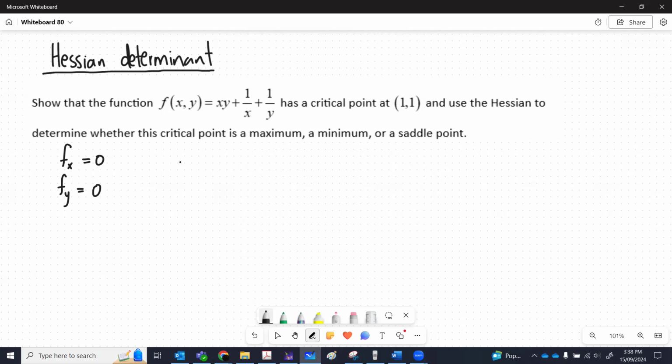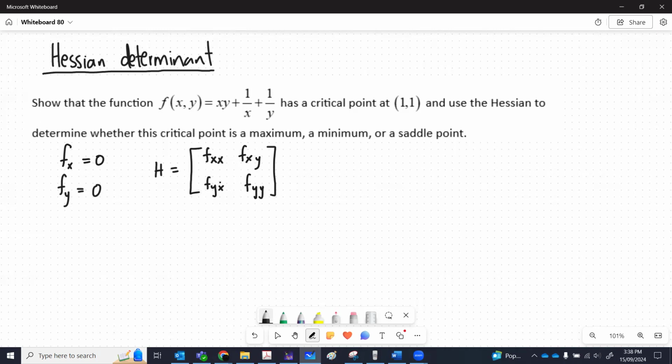Then to test whether this critical point is a maximum, minimum, or a saddle, we use what we call the Hessian matrix. So you have to come up with the Hessian matrix, which looks like this. So we have fxx, here we have fxy, here we have fyx, and this is fyy. So our second order partial derivatives.